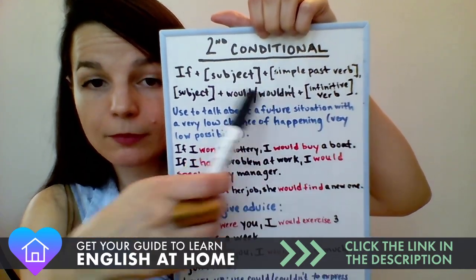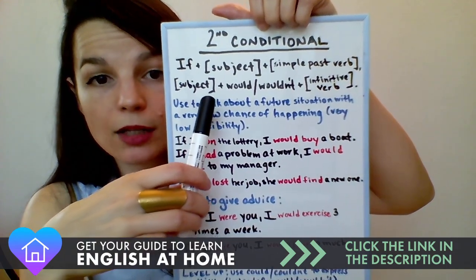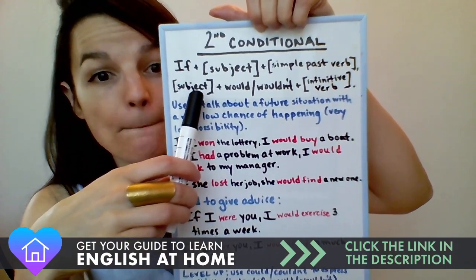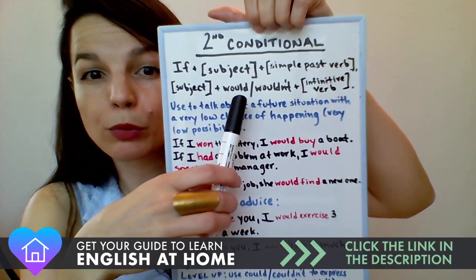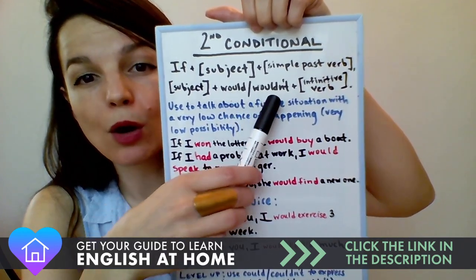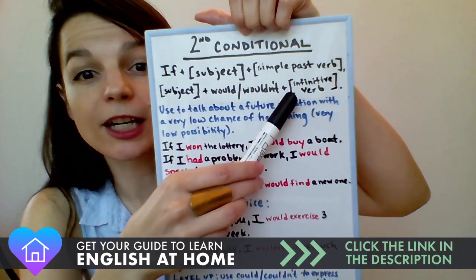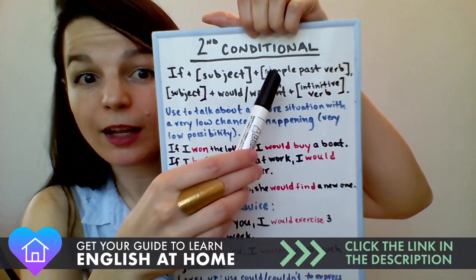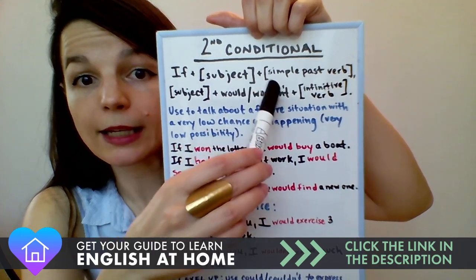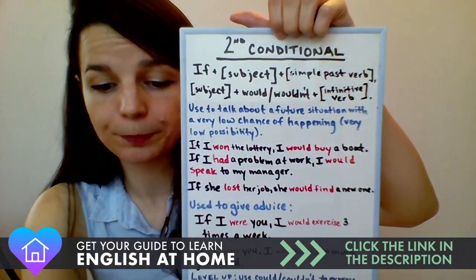Important point. Then, in our main clause, again, we have our subject, but instead of will or won't, we use would or wouldn't, plus our infinitive verb. So these 2 points are keys for the second conditional.